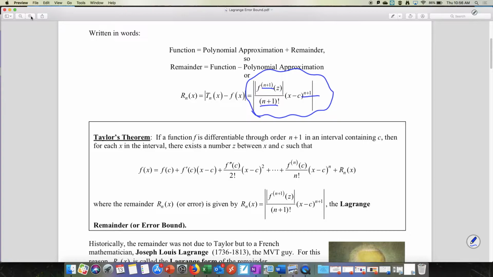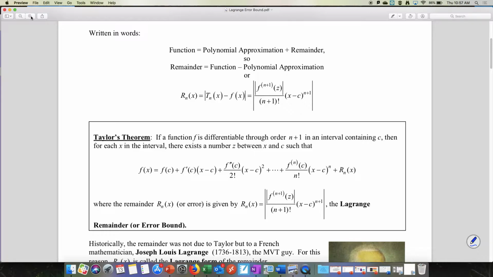That z says f of n plus 1, not f prime of n plus 1. I couldn't do n plus 1 tick marks. Remember our conversation yesterday? I thought that was saying you're plugging in n plus 1. I get it. So here we go.